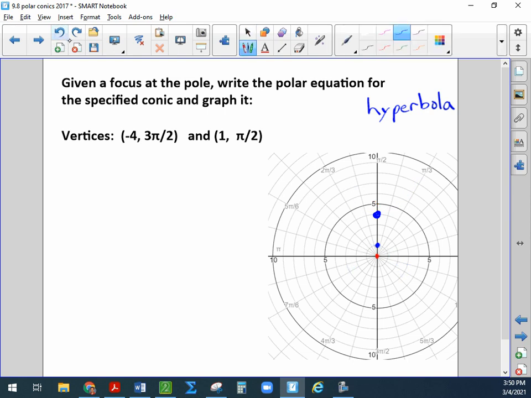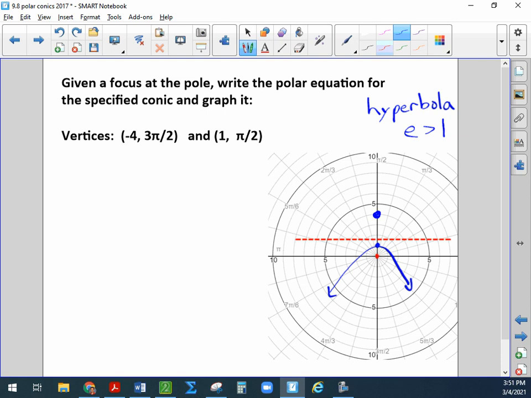Given these two vertices, knowing that it's a hyperbola, so e is going to be greater than 1, I can also determine that my directrix is going to have to be somewhere above the vertex. Because the way that a directrix, a focus, and a vertex work for a hyperbola, an ellipse, and a parabola is that if you look at them in a straight line, it's directrix, then vertex, then focus, or the other direction, focus, then vertex, then directrix.